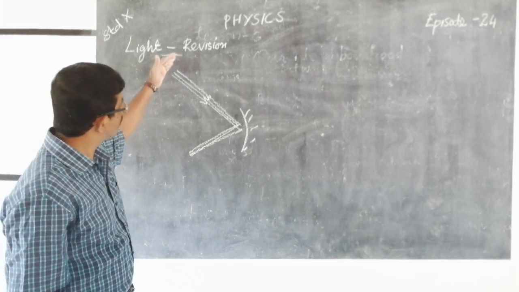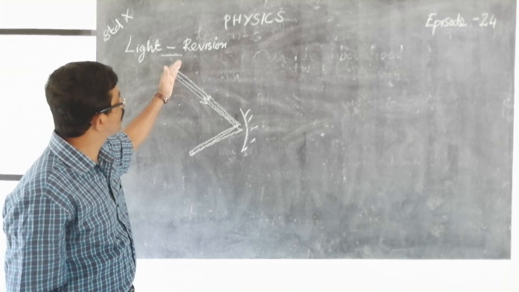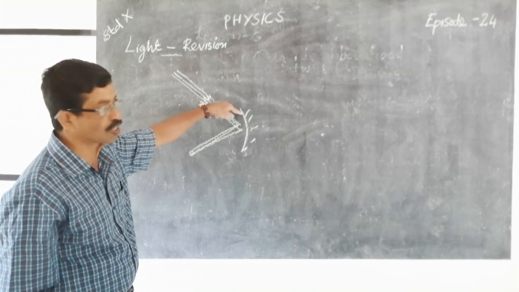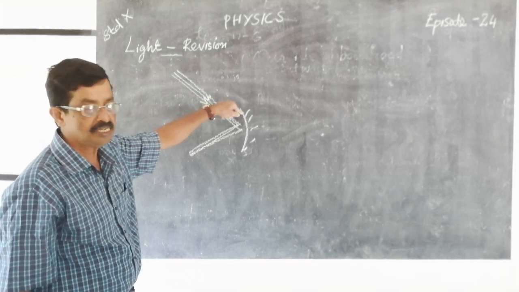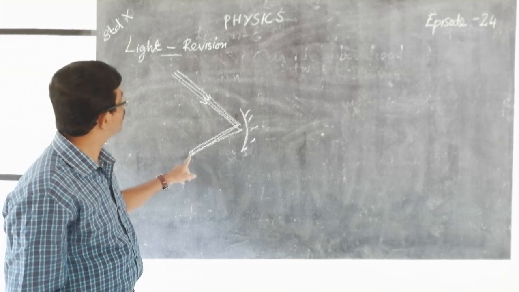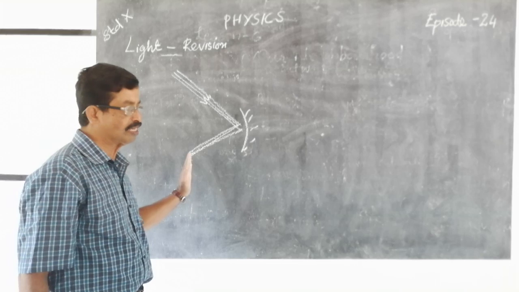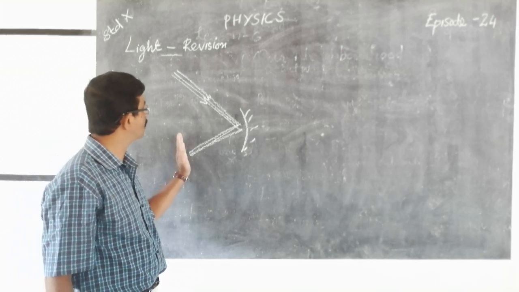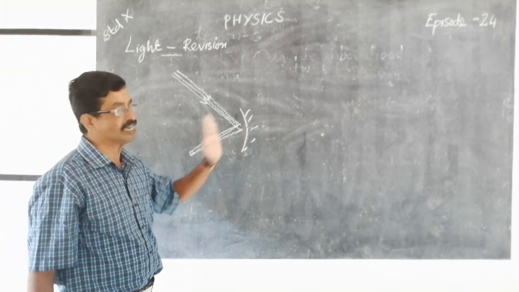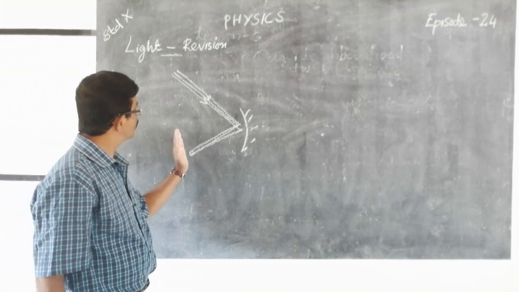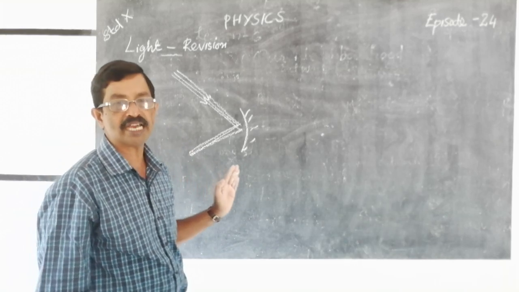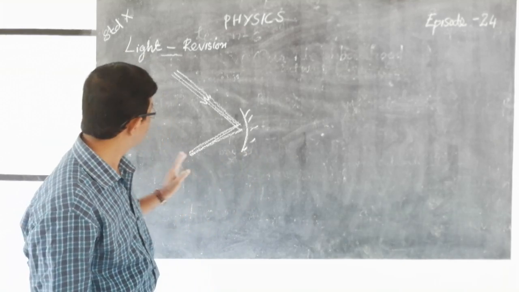That means this is the light from the sun, that is sunlight which falls on this concave mirror, and when this light after reflection falls on a sheet of paper, adjust the distance of this paper from the mirror. By adjusting, we can get a bright spot on the paper.